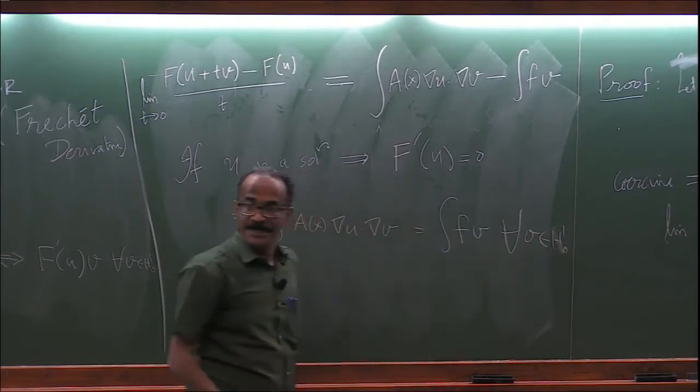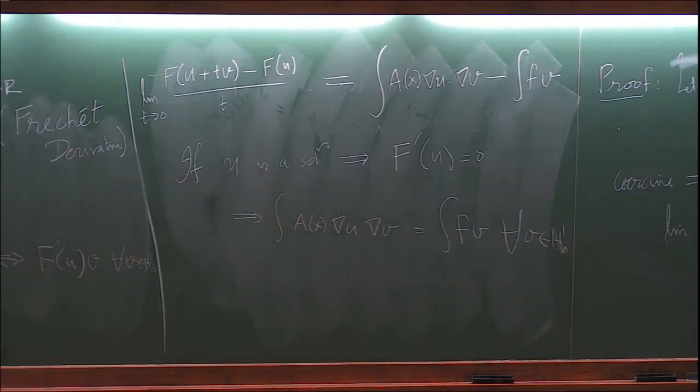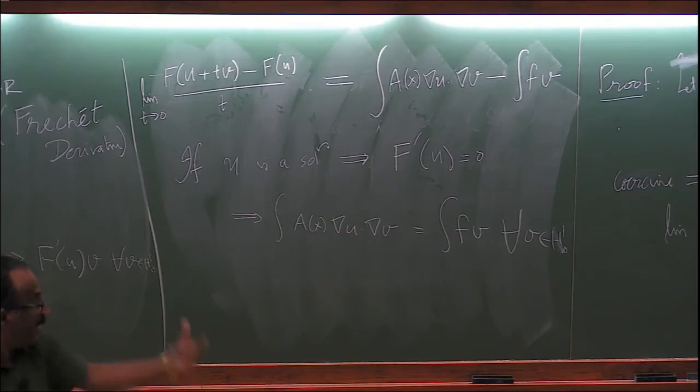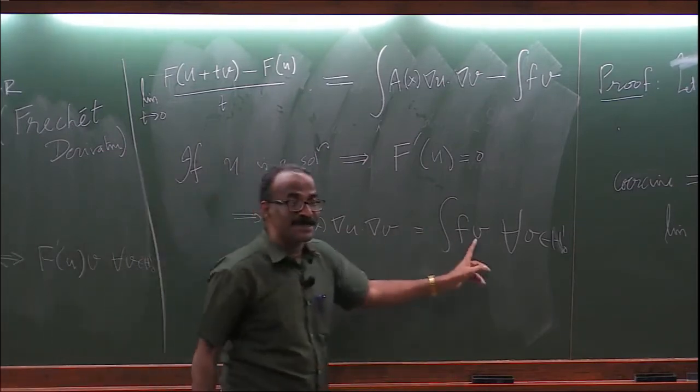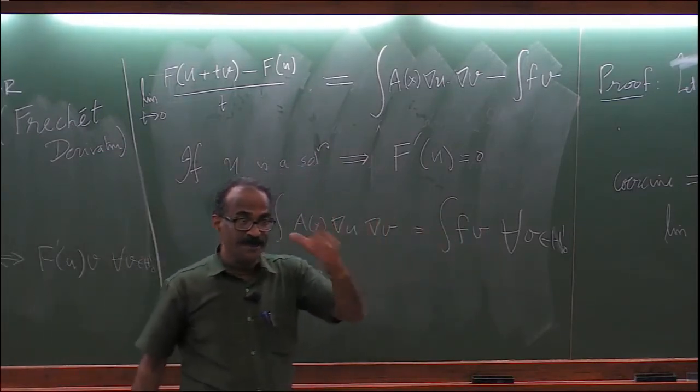And this is precisely the weak formulation you are studying. So what you are getting is that you have a solution to your minimization problem, and if your functional is C1 according to the Fréchet derivative, then that solution necessarily must satisfy your weak formulation.